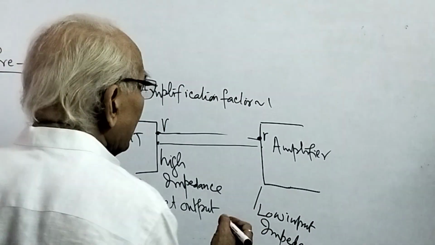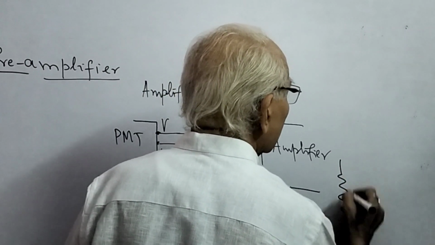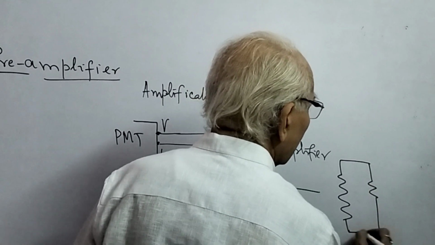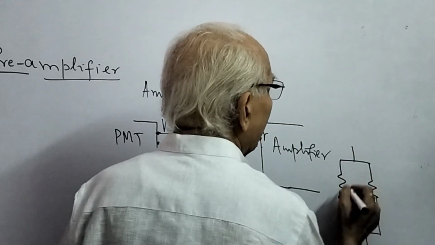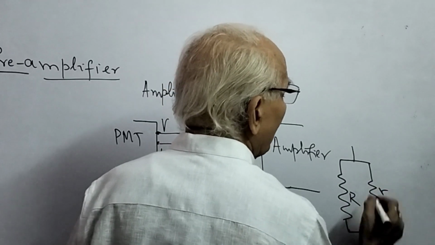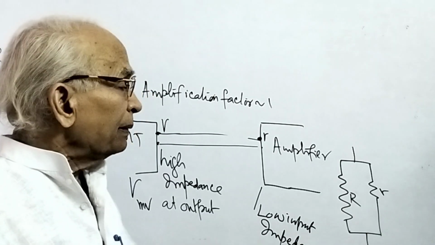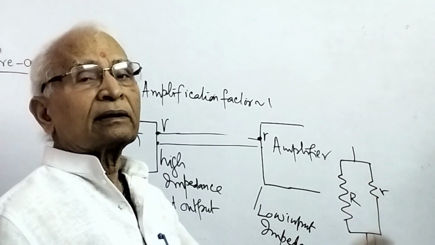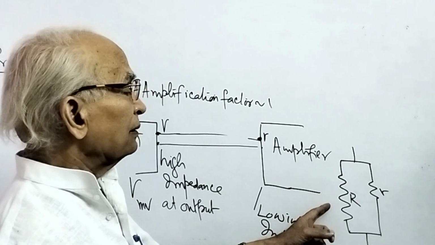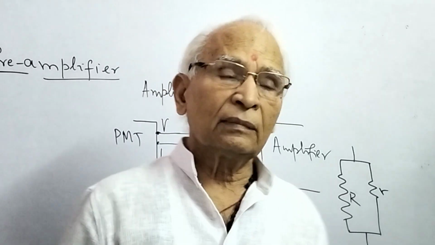You can see that you have two impedances. One is very large, R, and in parallel, the other is small, r. To combine them in parallel, find out the result. The result will be less than the smallest. So if you combine 1000 ohm with 1 ohm, you will find the resultant less than 1 ohm.